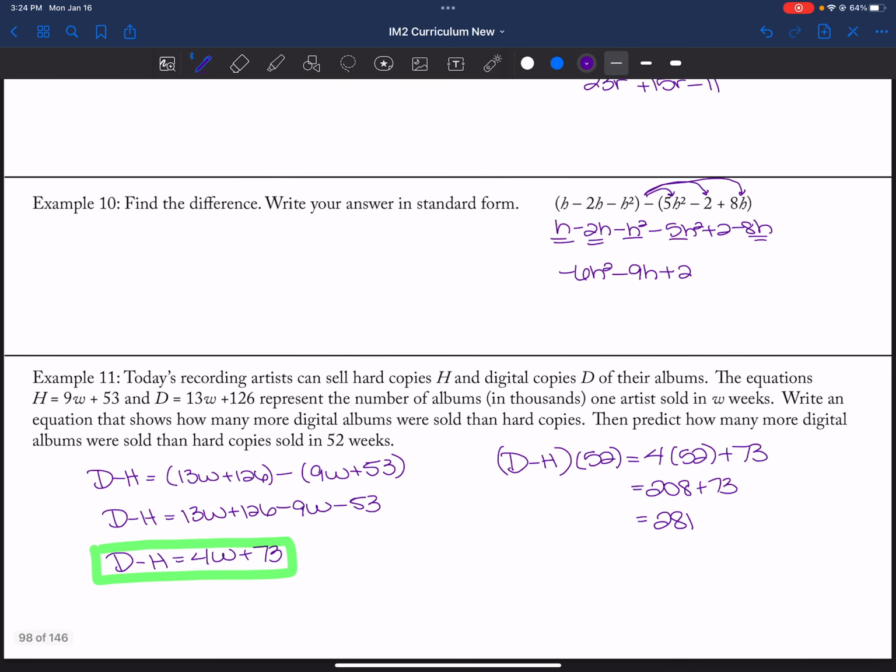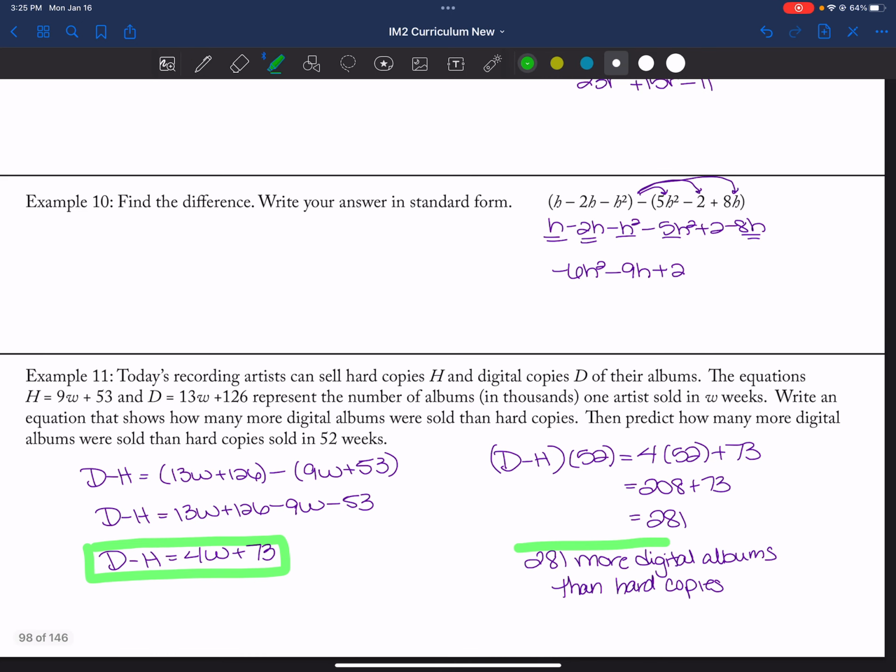So that will be 281 more digital albums than hard copies. All right, and that is it.